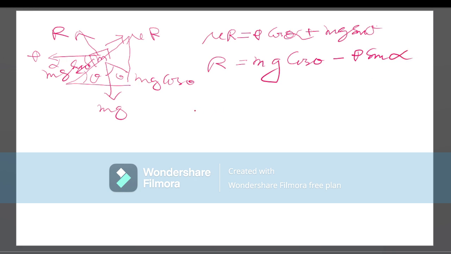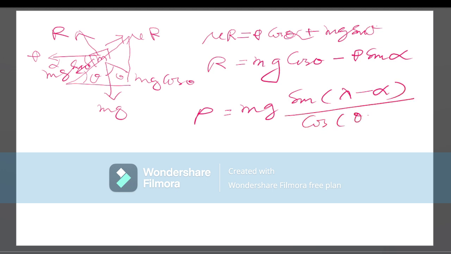After rearranging these two equations, we again get P equal to mg sine of lambda minus alpha... divided by cos of theta minus lambda.